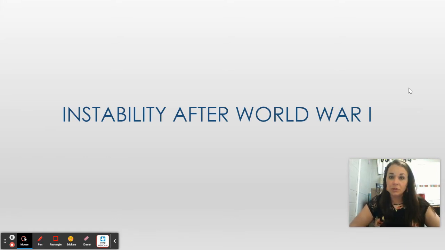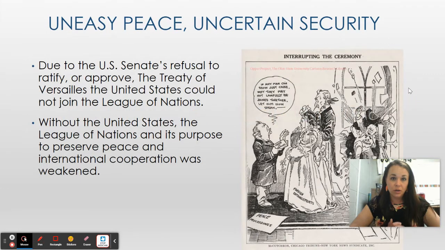We saw the writing on the wall and saw how unrealistic it was. Because we choose not to ratify the treaty, we do not get to join the League of Nations. And the League of Nations, if you'll remember, was Woodrow Wilson's big baby out of the Paris Peace Conference. That was the one thing out of his 14 points that he would not let go of. And then, unfortunately, we don't even get to join it.